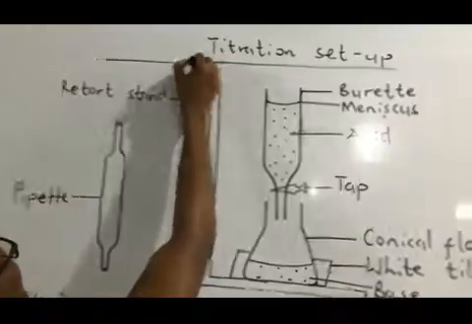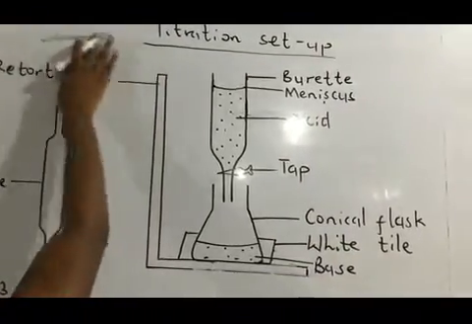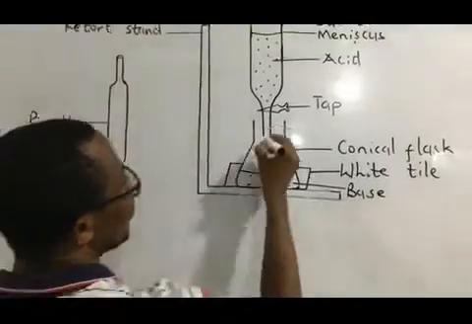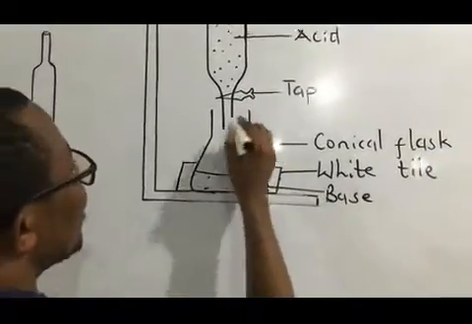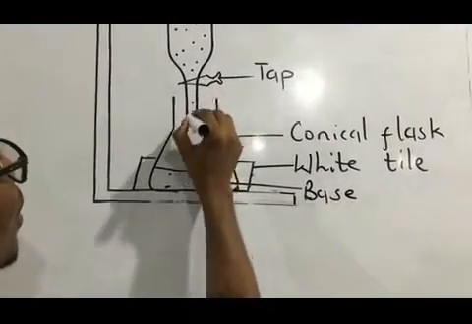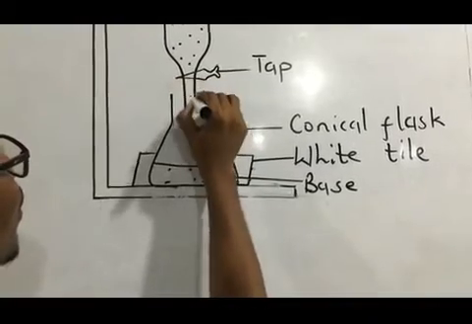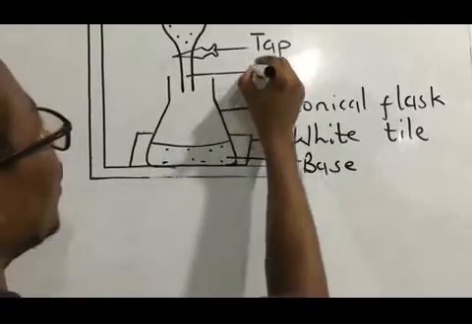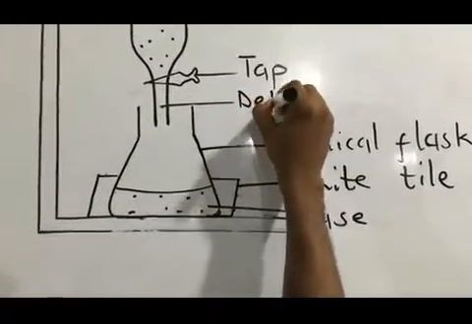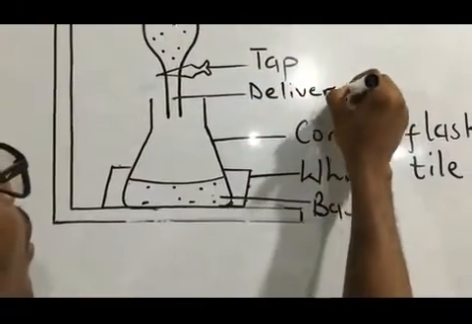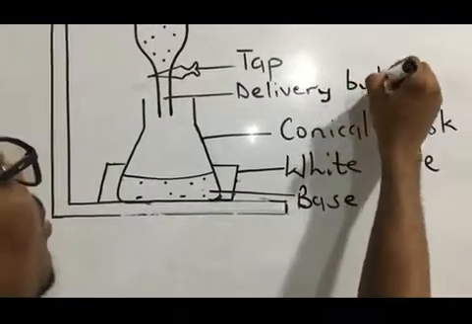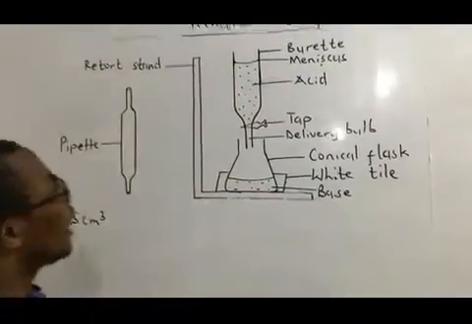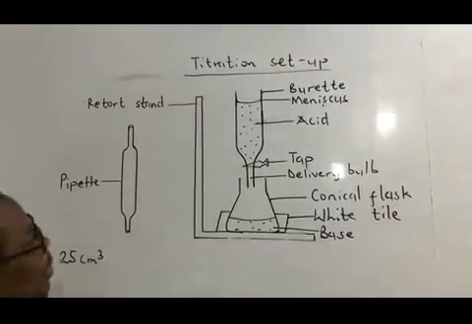The tip of the burette, we call it the delivery point. So these are some parts or labelled parts we come across in a titration setup.